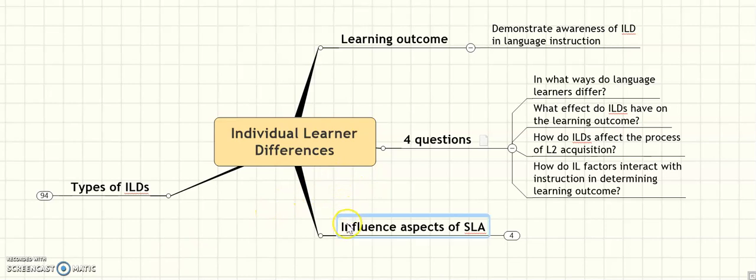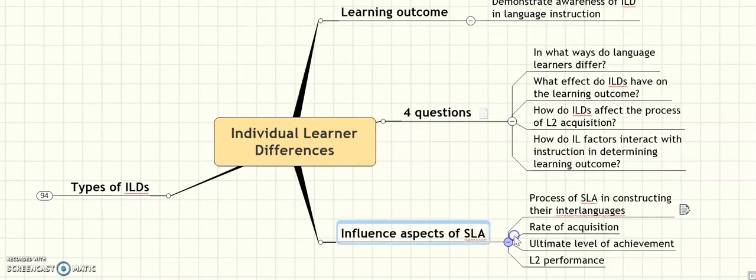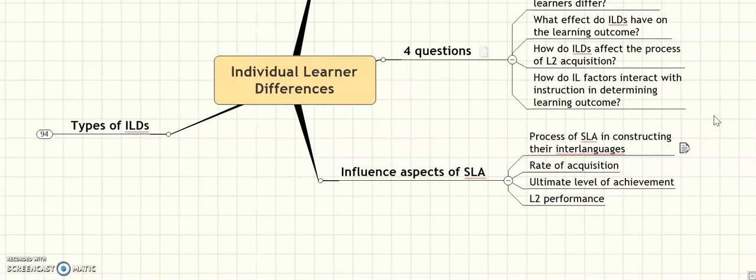Now let's move to the next point. Individual learner differences and what aspects of SLA ILDs can influence. There are 4 areas in which ILDs influence our SLA.